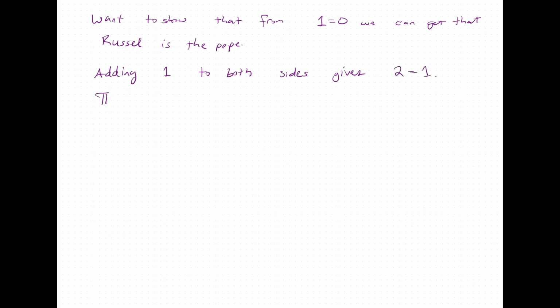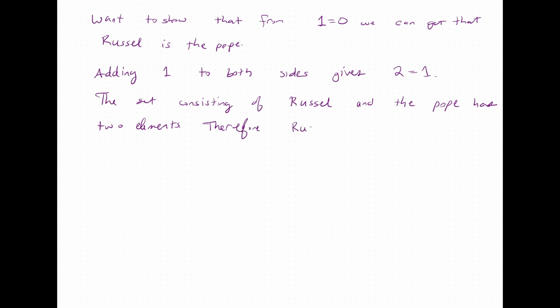The set consisting of Russell and the Pope has 2 elements. Therefore, Russell is the Pope.